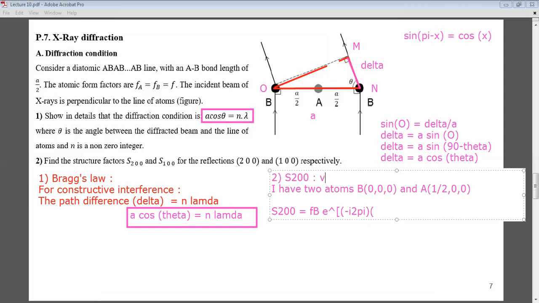So here I have V1 equals 2, V2 equals 0, V3 equals 0. So 200 implies V1 equals 2, V2 equals 0, V3 equals 0.